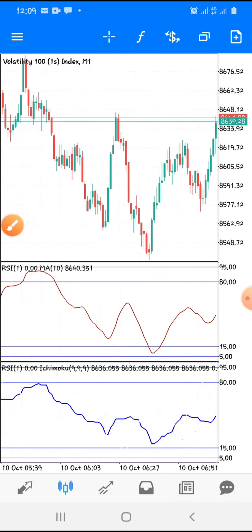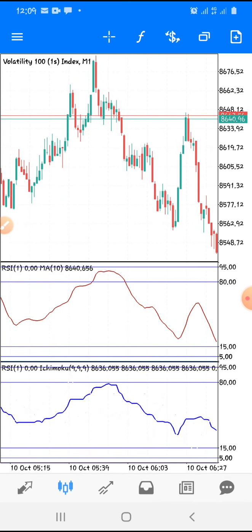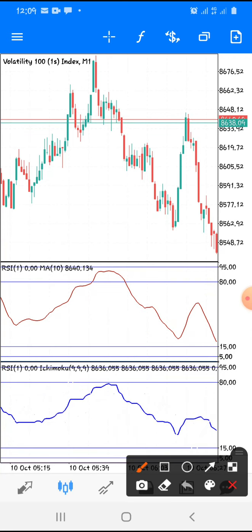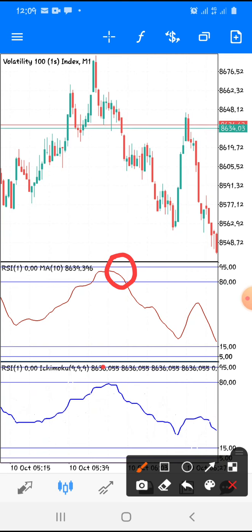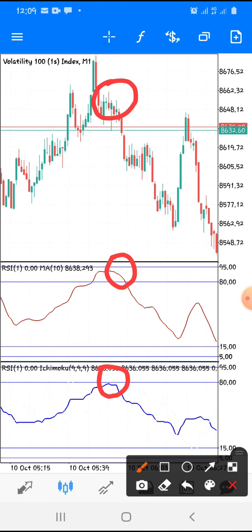I can also go backwards and see if we have something to share. Here it was in between. Here it was slightly below but closer to 80%. Though the market consolidated for longer, the trend was detected to be downward. This is just a free method I'm sharing with you so that you can benefit and accumulate your funds.